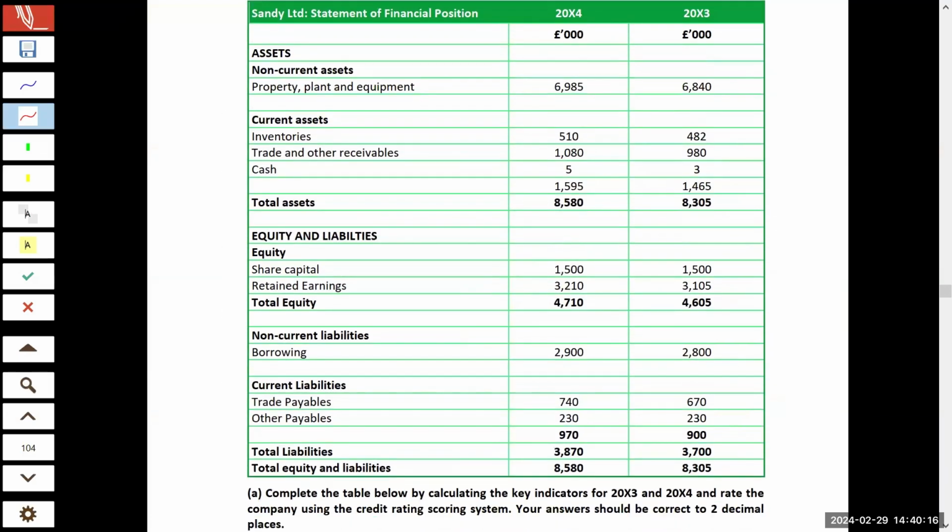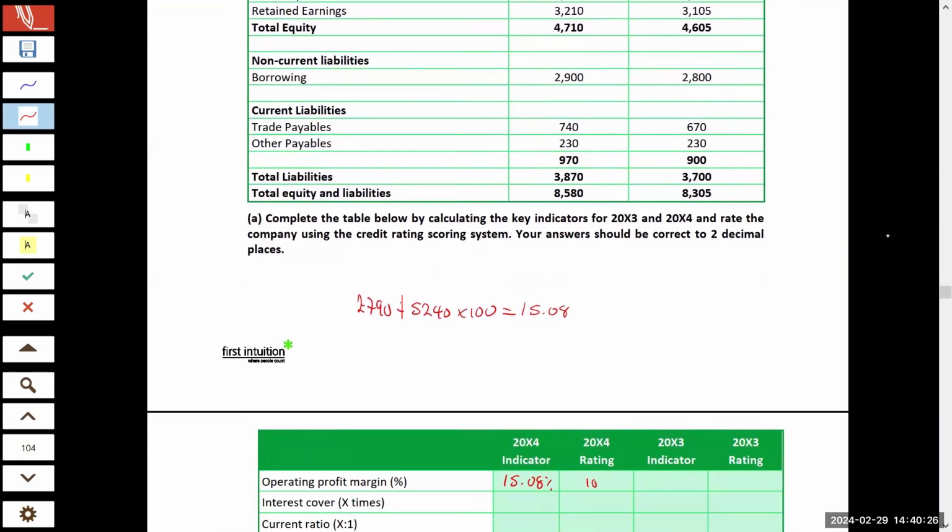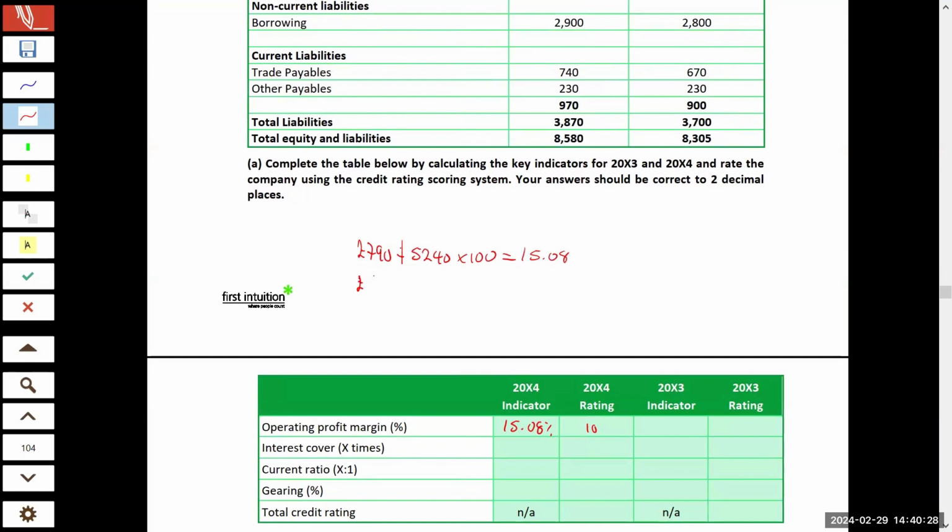I'm now going to do the exact same thing for the previous year. Operating profit divided by the revenue multiplied by 100. Operating profit 988 divided by our revenue, multiplied by 100, gives 20.42%.